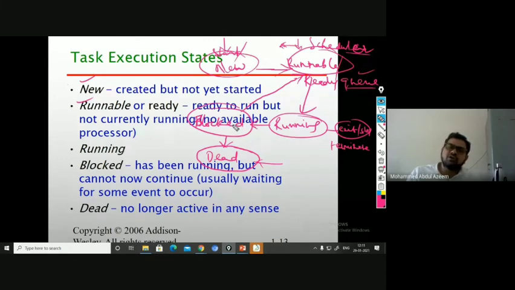This all happens by the process being blocked for a while. When it happens by itself, it is blocked. Or sometimes this process is suspended by some other process.